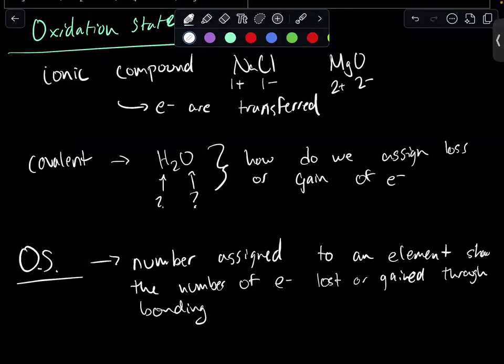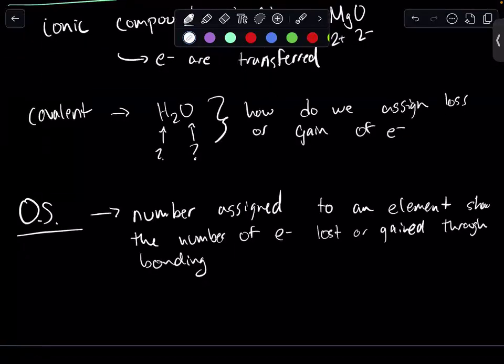It doesn't always have to be bonding, but in general, we look at it through bonding. So we're going to figure out how many electrons maybe the oxygen or hydrogen generally lose or gain. And of course, if we're talking about the loss or gain of electrons in a bond, this is purely going to be based on electronegativity values.